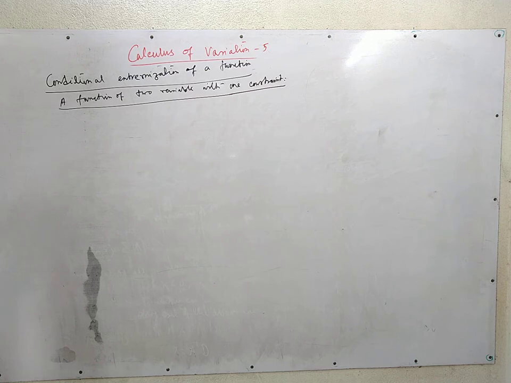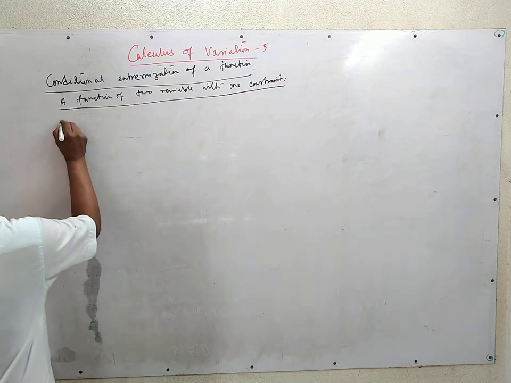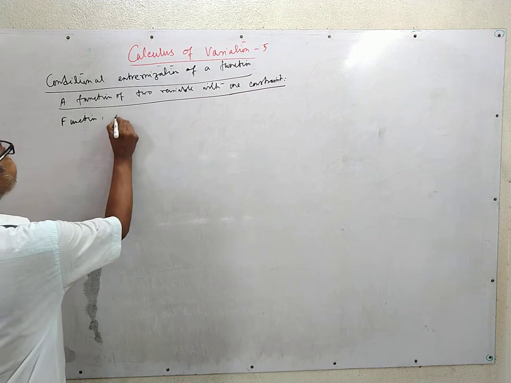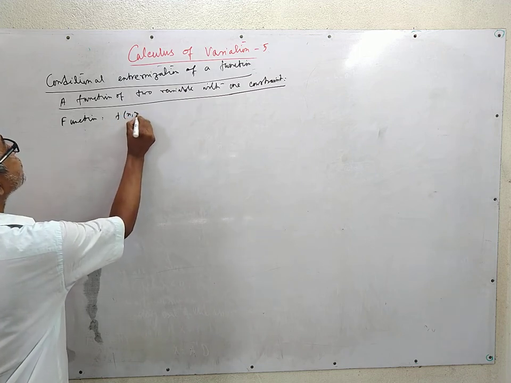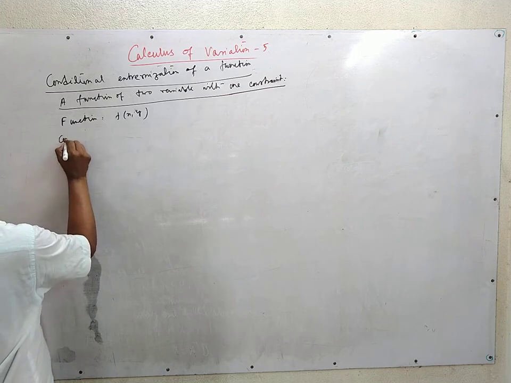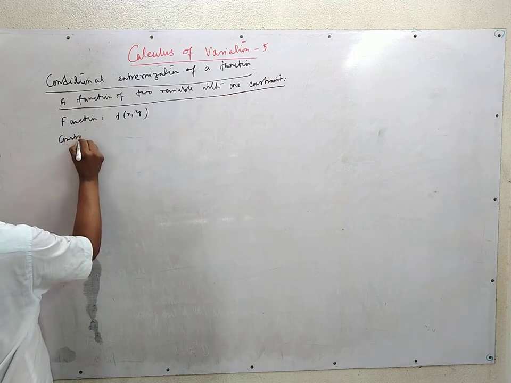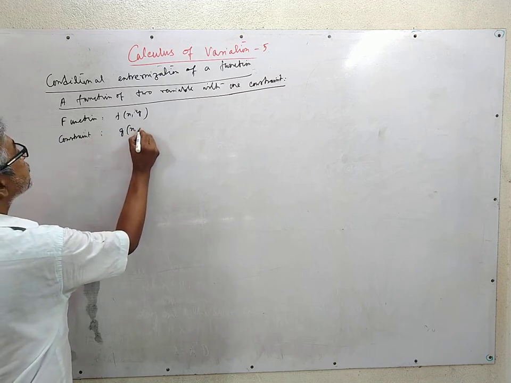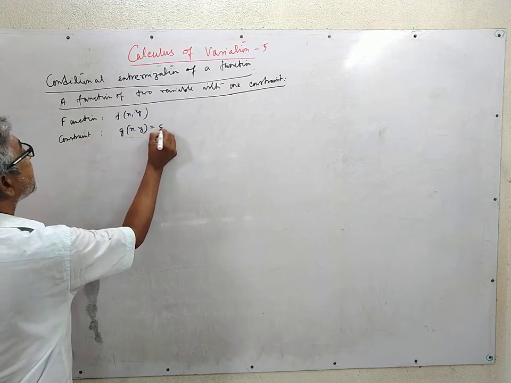As the first example, we consider a function f of two variables x and y, on which there is a constraint g. The function is f of x y. The aim is to extremize this. The constraint is g of x y is some constant.